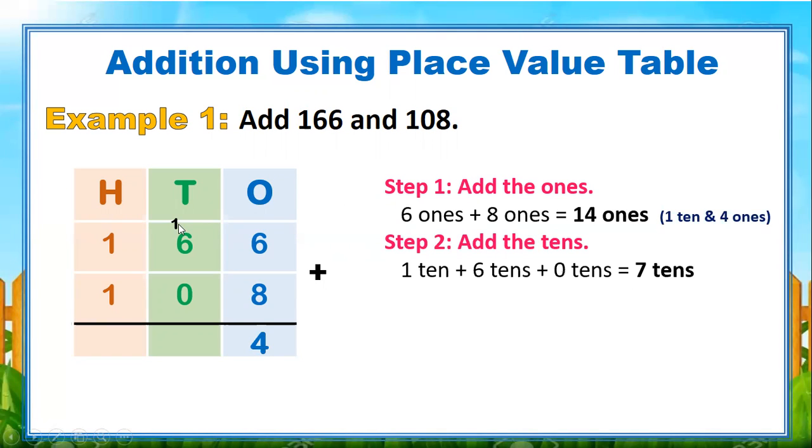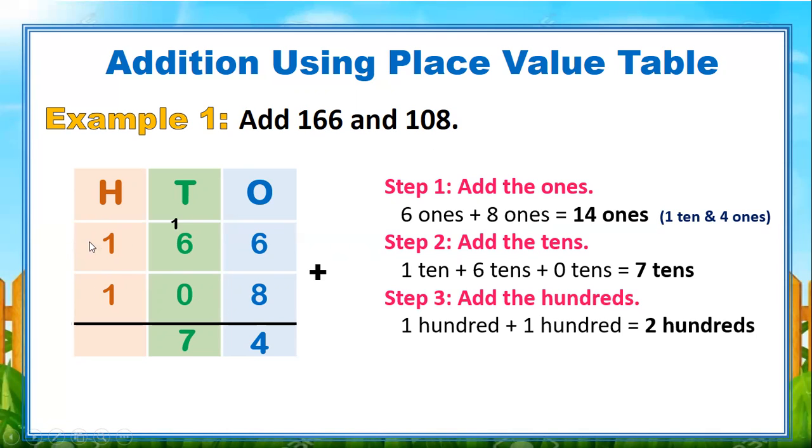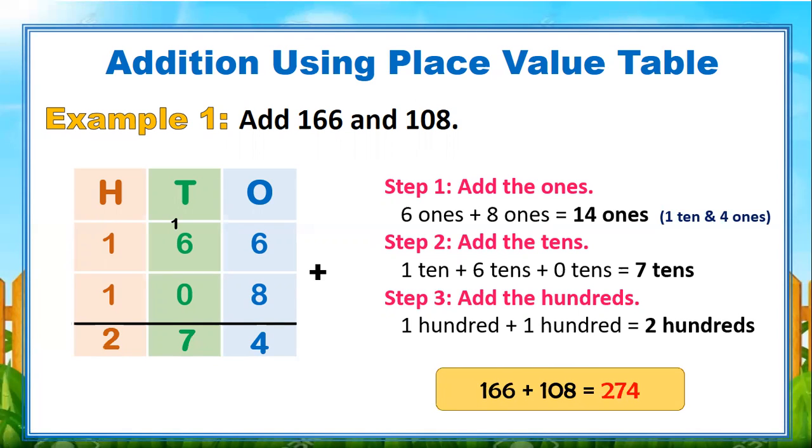So 1 ten plus 6 tens plus 0 tens is equal to 7 tens. Then the third step, we add the hundreds digits. So 100 plus 100 is equal to 200. So 168 plus 108 is equal to 276.